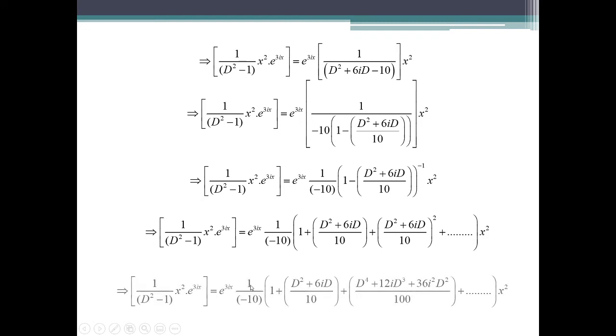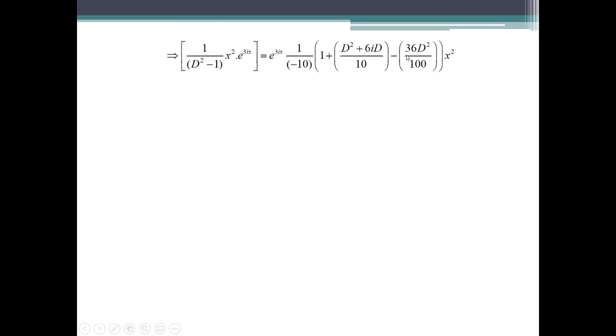Therefore here these first two terms as it is, 1 by minus 10 as it is, 1 plus D square plus 6iD, this value as it is. If we simplify the term, here D to the power 4, then D cube and D square term, but we consider only the D square term, therefore D to the power 4 and D cube value, its derivative equals 0. We consider only this value and here i square equal to minus of 1.